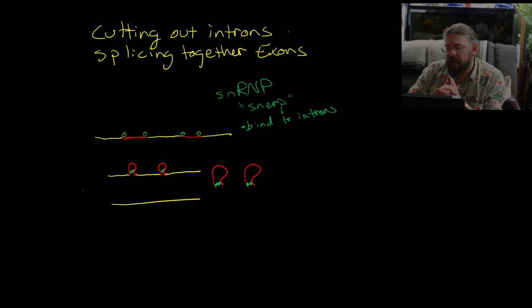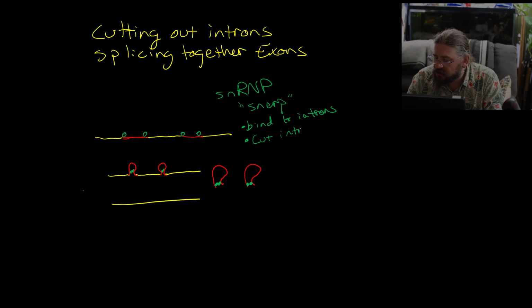Very annoying, but this is how the SNRPs do. So SNRPs bind to introns, and then they fold the introns up, and they cut the introns out, and then they splice the exons together.